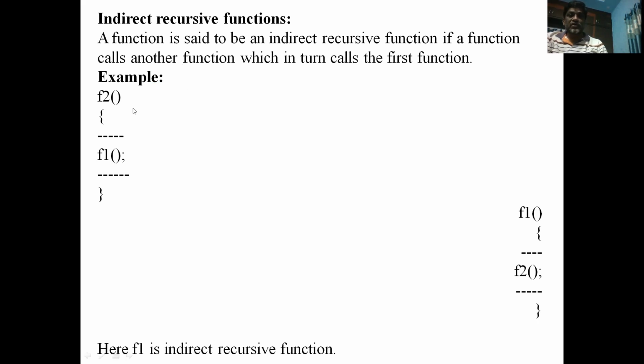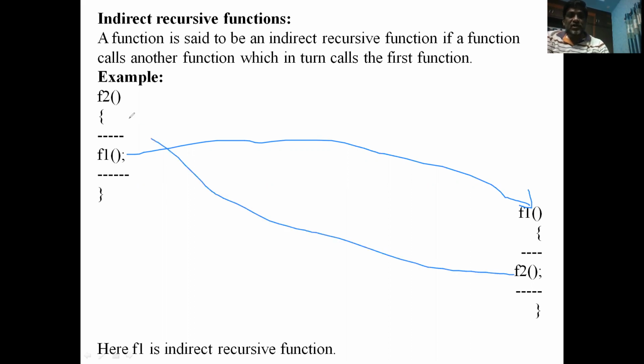Okay. Now, if you look at the example, say f2 is a function, it is calling f1 from its body. Now, if you observe the body of f1, it is calling f2 from its body. That means it is calling f2.